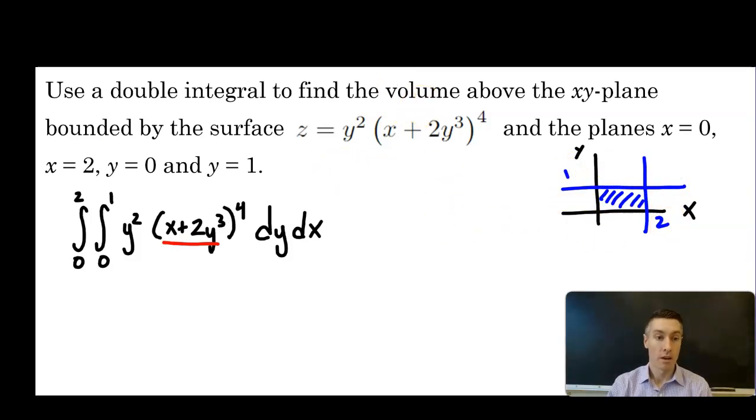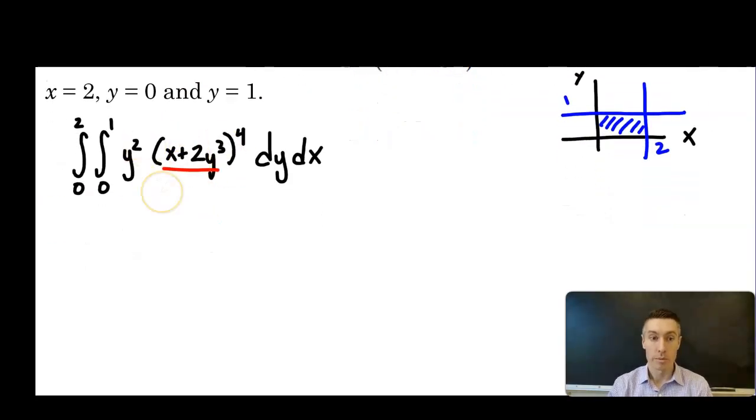Okay, so let's continue that u substitution type integration we started. So the derivative with respect to y is 6y squared. So we need a 6 over 6. Circle what would be the du term. So this is going to be equal to the integral from 0 to 2 of 1/6. Imagine integrating u to the fourth would be u to the fifth over 5.